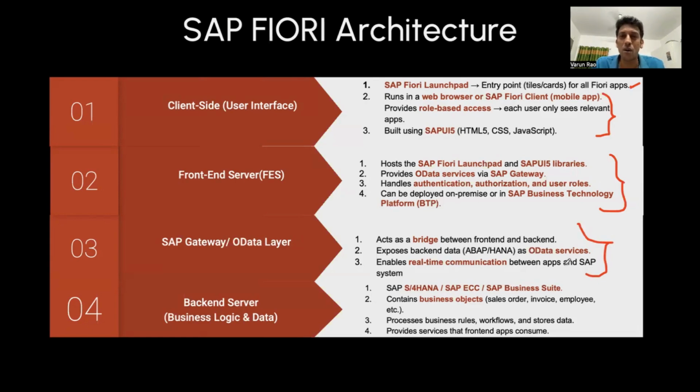Now, when we talk about the gateway or OData part, OData basically, or SAP Gateway, what it does is it connects the platforms, and it ensures that real-time communication is happening to and fro as and when needed. Finally, you have the backend. Here you have ECC or ERP or S4 HANA or the business suite, wherein it would contain different business objects.